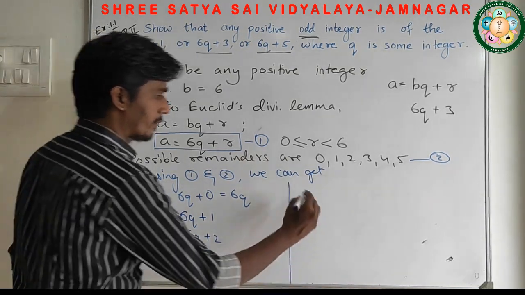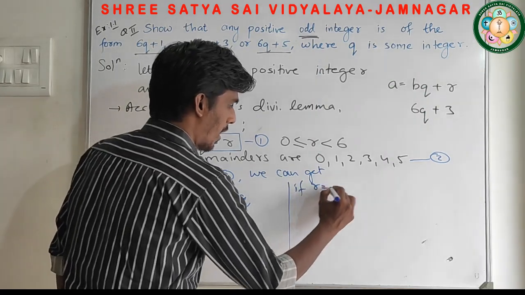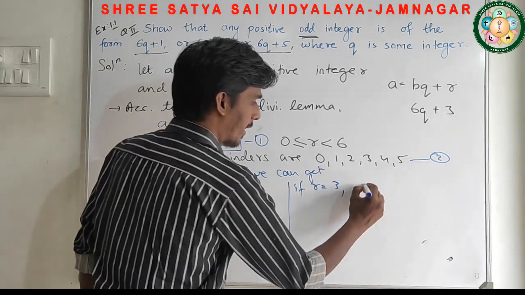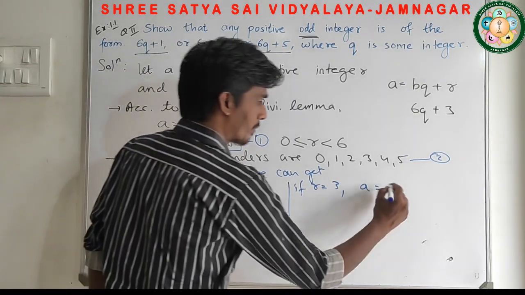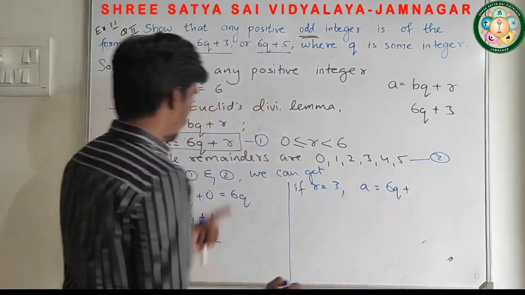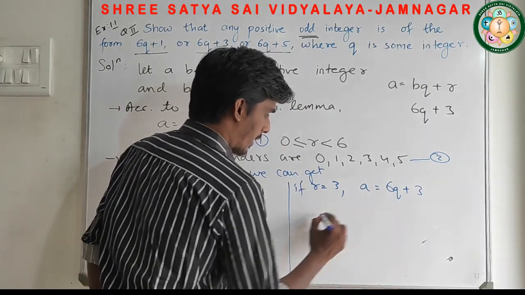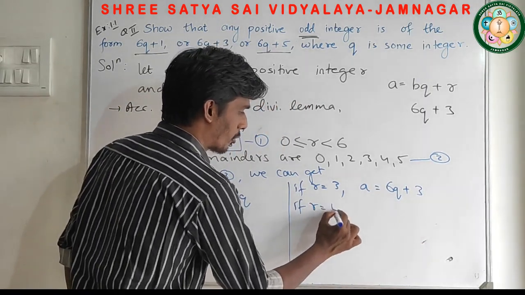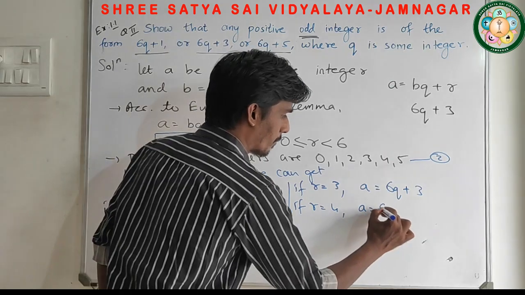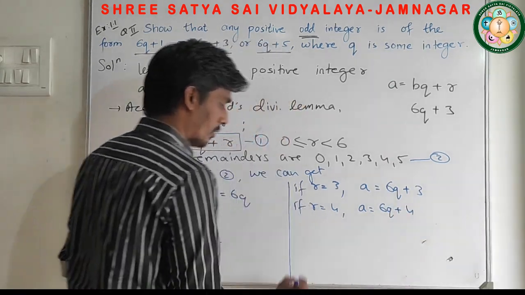Similarly, I can write here if R equals 3, then the integer equals 6Q plus 3. Again, if remainder equals 4, then A is equal to 6Q plus 4.